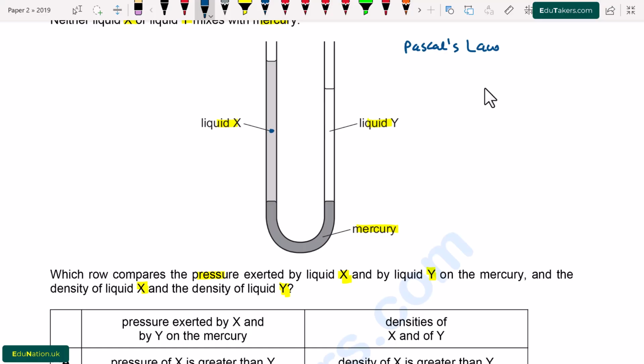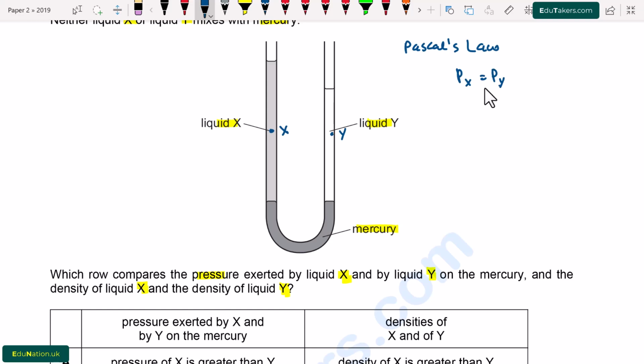I suppose point X is here and point Y is here. I can simply say that the pressure due to the liquid X will be equal to the pressure due to the liquid Y. So Px will be equal to Py. Pressure for both of the liquids is equal.